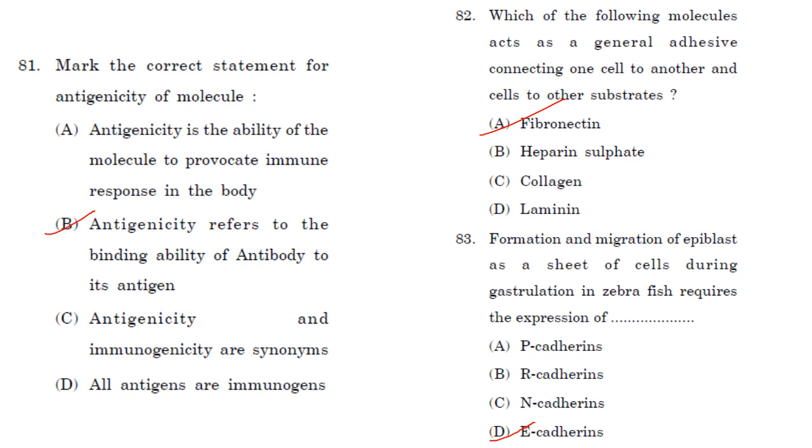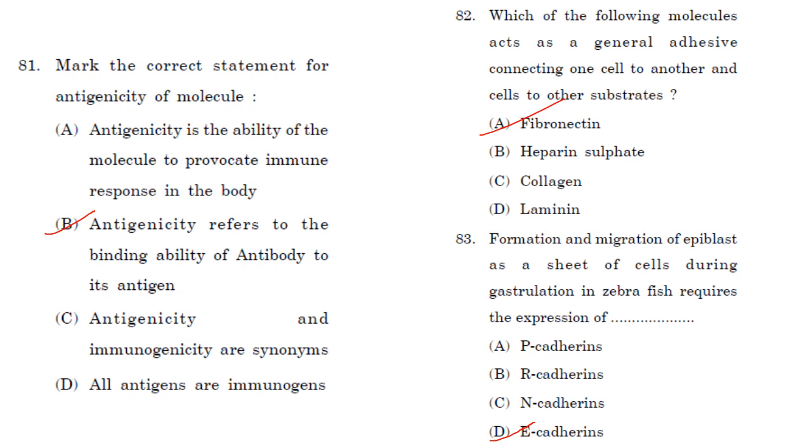So answer B is more correct. Antigenicity and immunogenicity are synonymous. No. All antigens are immunogens. No. So B is correct.